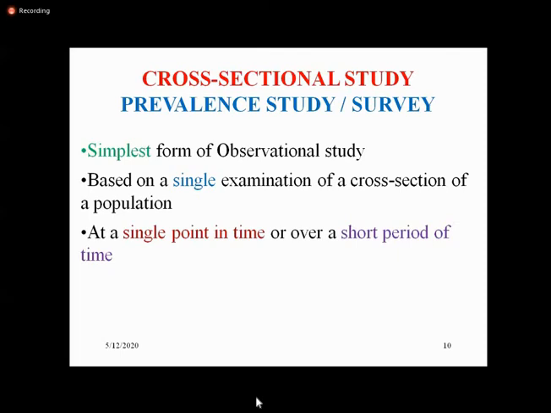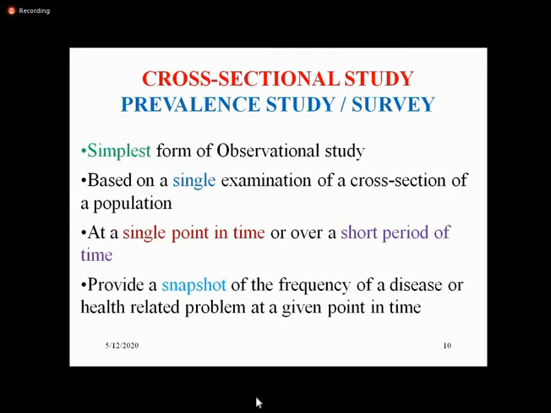For that, you just select a time period of 1 week or 1 month or 2 months. So this is a current situation. But when you follow for many months or years, you choose a cohort study. So basically, this mostly looks at the situation of the present time.